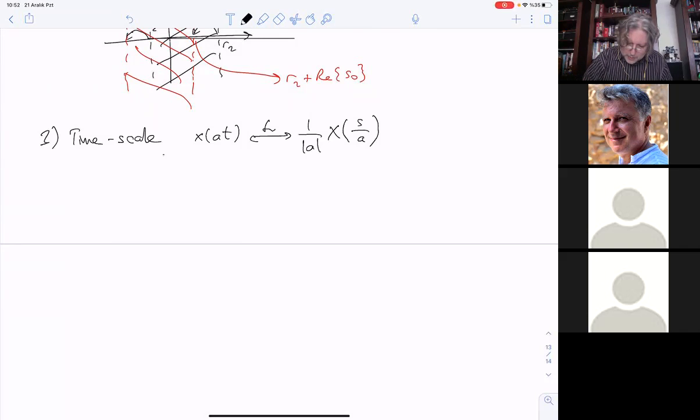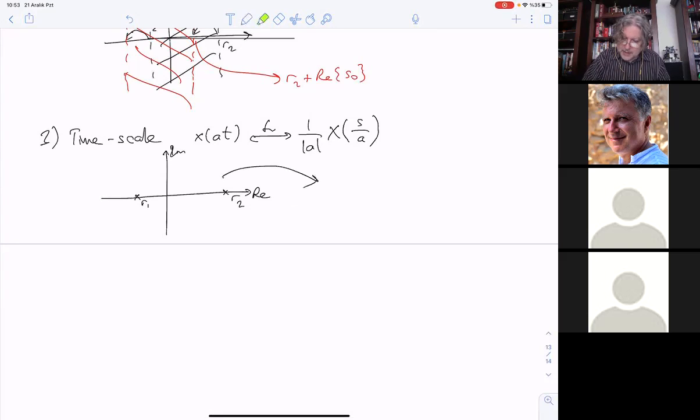So if there is a pole at, let's say, R1, and another pole at, let's say, R2, these are the two poles on the S plane for x of t.